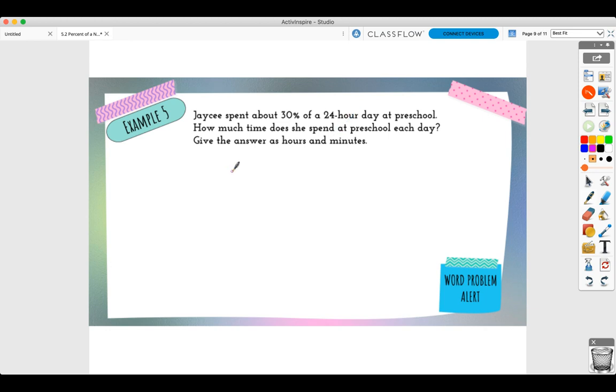All right, so this is going to be 0.30 times 24. That's what you're trying to find, our x. So 24 times 0.3 gives you 7.2 is equal to x.